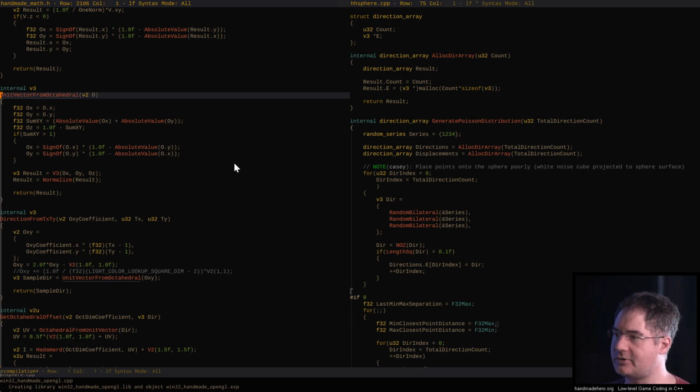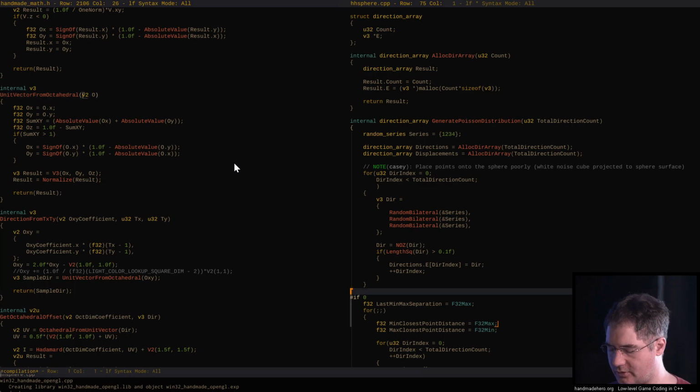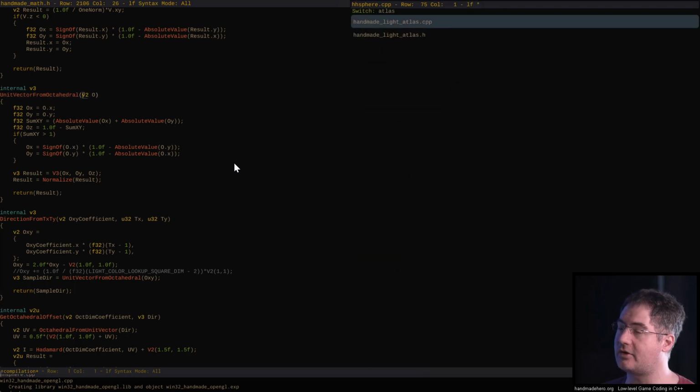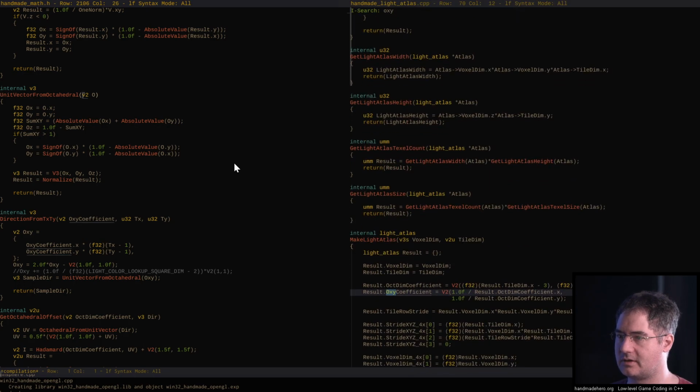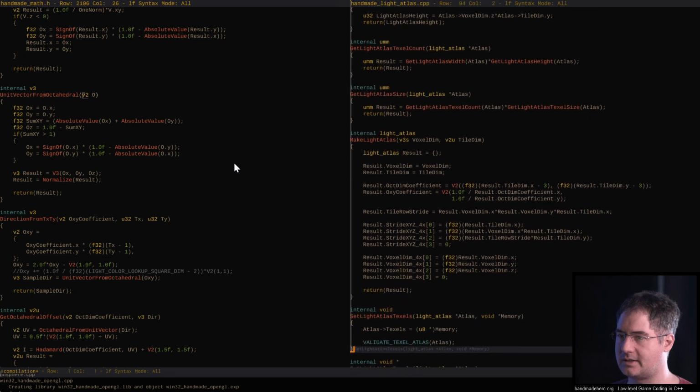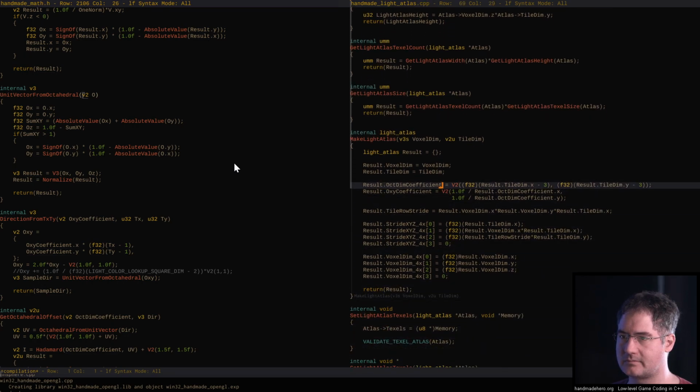So the coefficient is going to be like 1 over the value. So as long as we put these into UV space, basically, unit vector from octahedral should give us everything we want, right? Yeah.